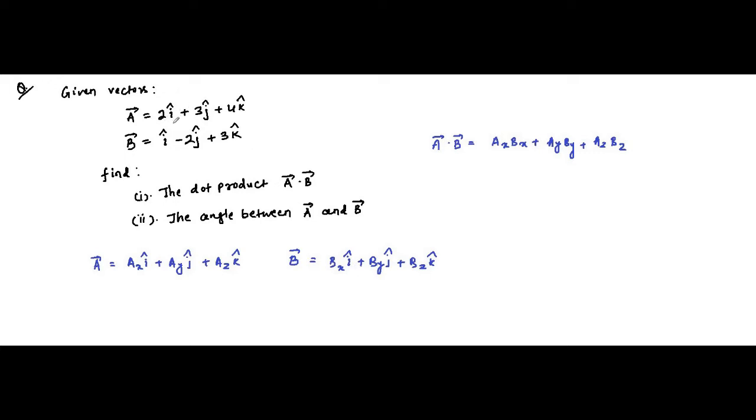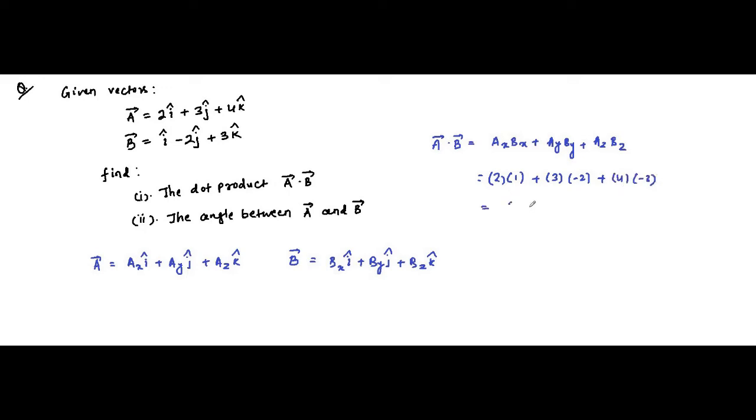So here if we see the question, 2, 3 and 4 are the x, y and z components of a vector. 1, minus 2 and plus 3 are the x, y and z components of b vector. So it will be simply 2 multiplied with 1 plus 3 multiplied with minus 2 plus 4 multiplied with 3.